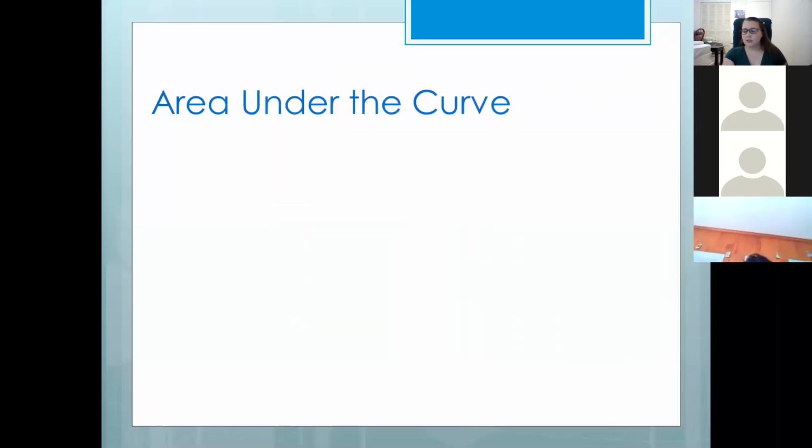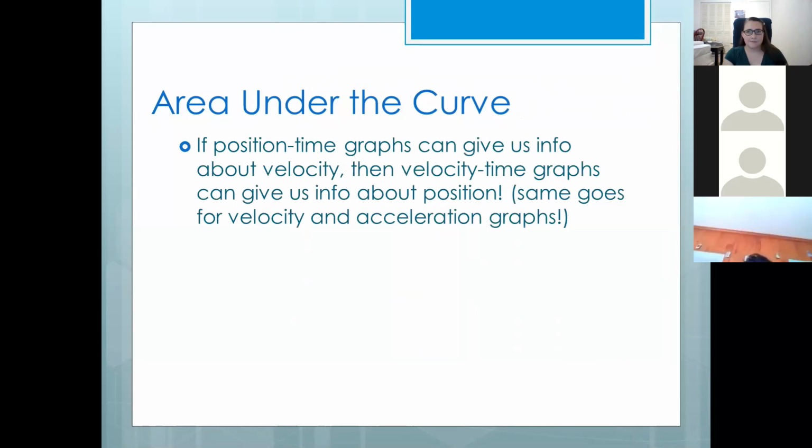So I mentioned at the beginning of class this idea of area under a curve, which is also called an integral. But we should know by now that position time graphs can give us information about velocity, and velocity time graphs can give us information about acceleration, right?